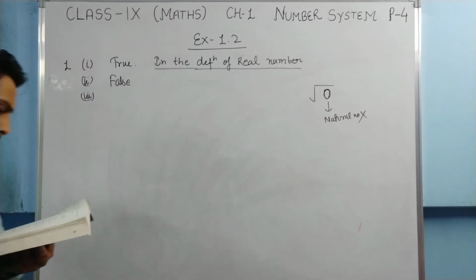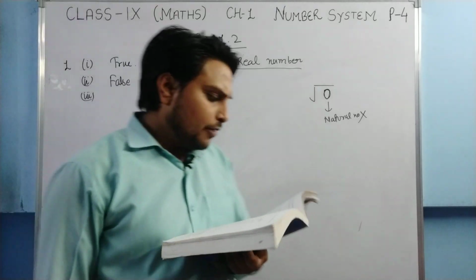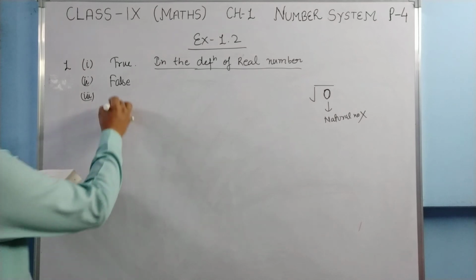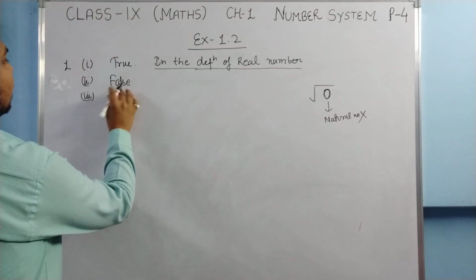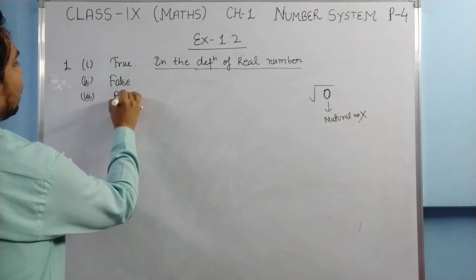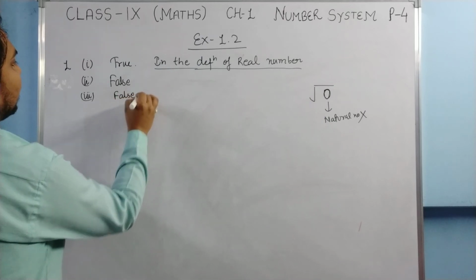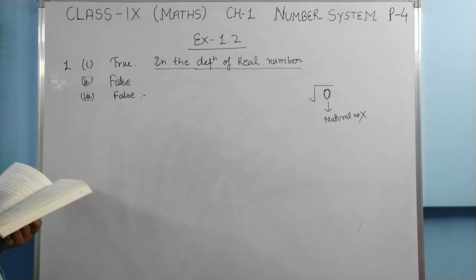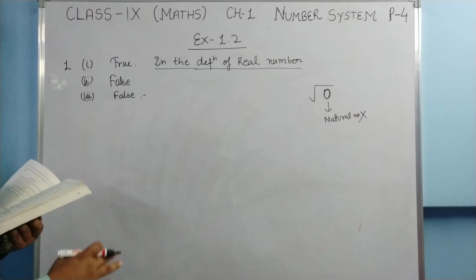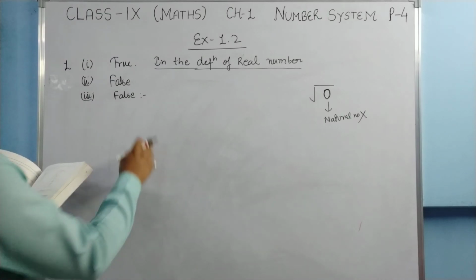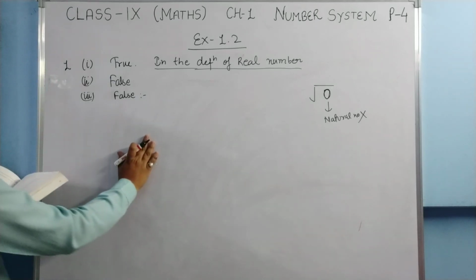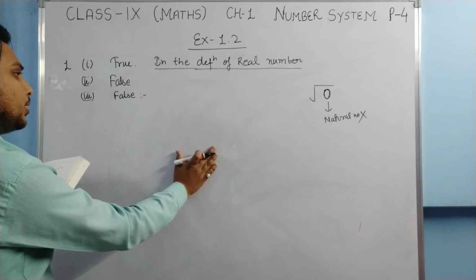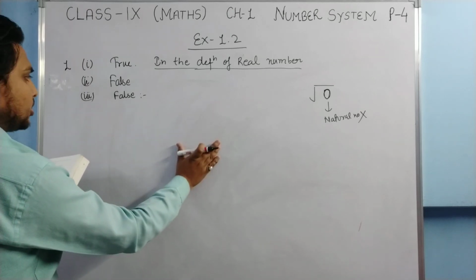Third point is that every real number is an irrational number. No, it cannot be true. Why? Because every irrational number is a real number, but we cannot say the converse, because in the real numbers there are some rational numbers and some irrational numbers. So a rational number cannot be an irrational number.